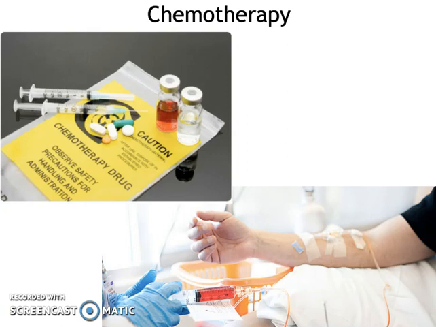Some chemotherapy drugs are simple pills you can take at home, while others are fluids that need to be obtained in the hospital using injections or IV bags. The first chemotherapeutic agent was mustard gas, first discovered in World War I as a possible treatment for cancer.